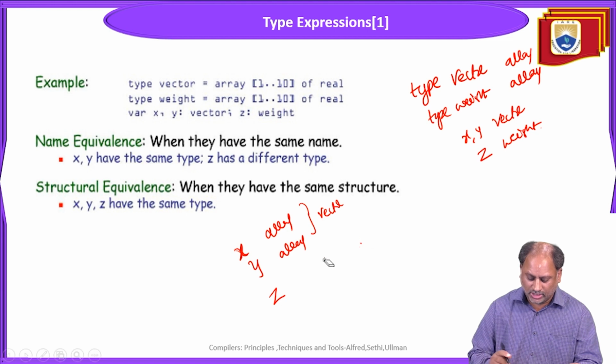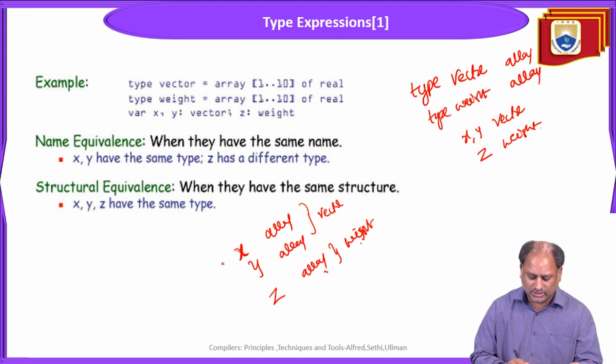So this is also array, but this array is weight type. So this name is different. This type expression is array with vector type. This is the y variable, an array which holds values, but it is also a vector type. So z is also an array, but it is weight, and it is not vector. It is a weight type.